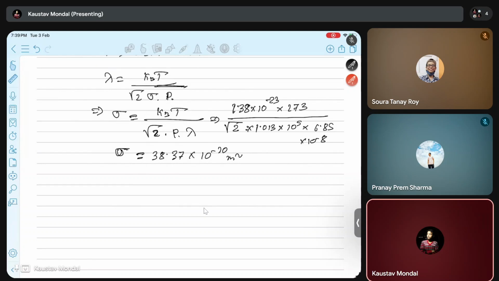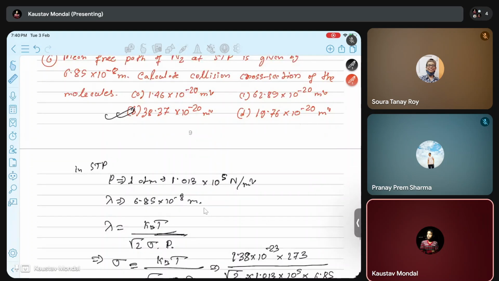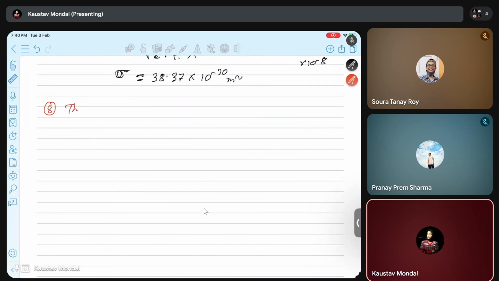Next is question 8. The mean free path of the molecules of a gas at 25 degrees centigrade is 2.63 into 10 to the power minus 5 meter.